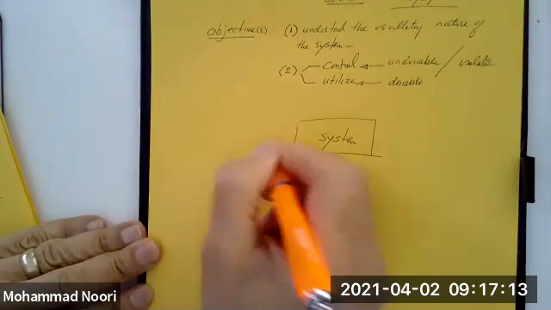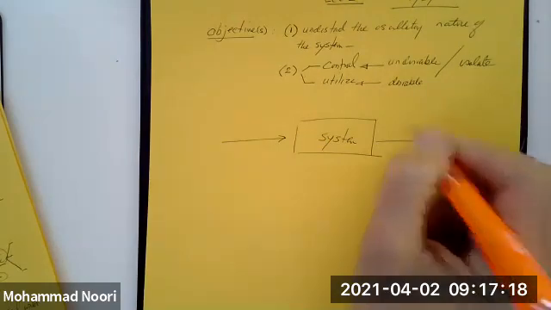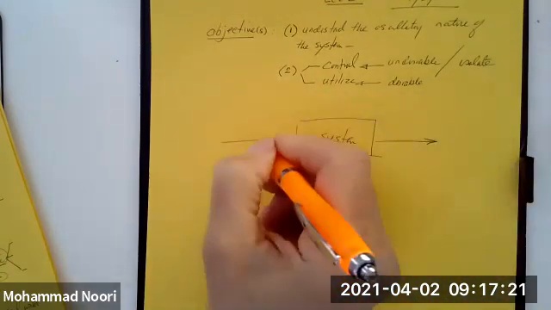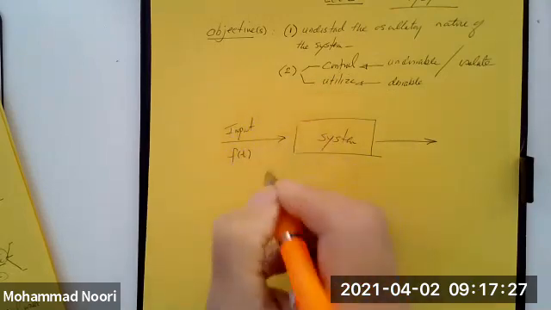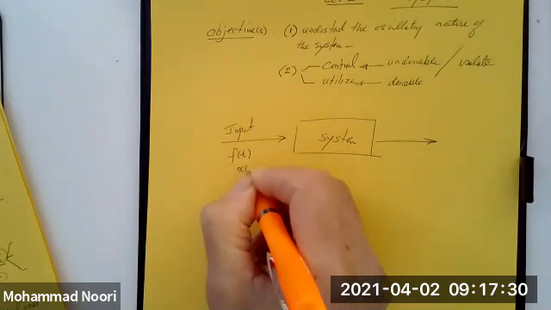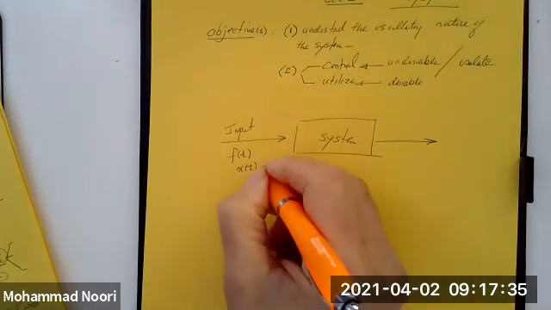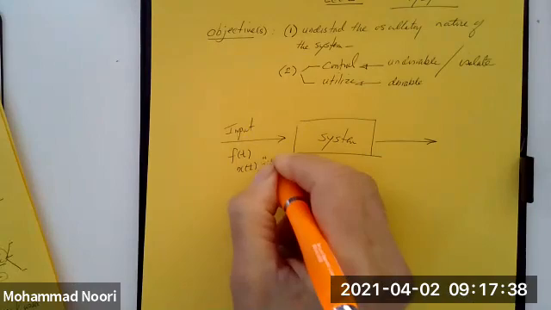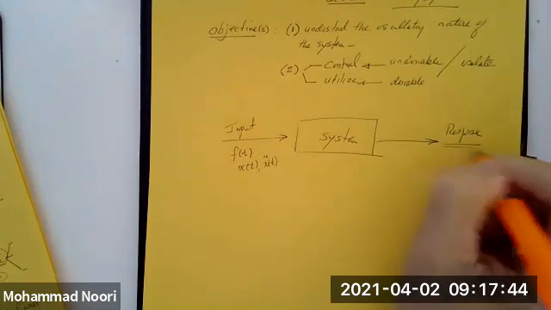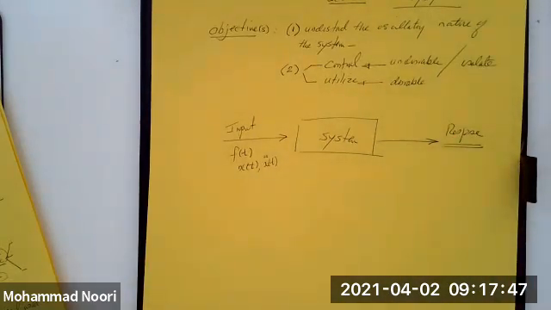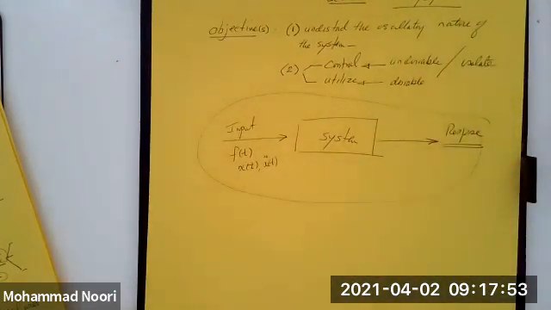In other words, a mechanical vibration can be simply described by a diagram like this: you have an input that is a force, or can be a displacement that causes the vibration. Earthquake is a good example, or an acceleration, and the response.